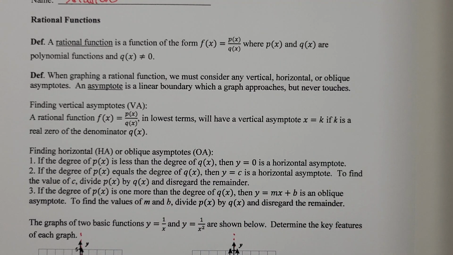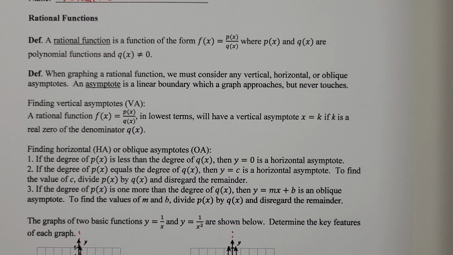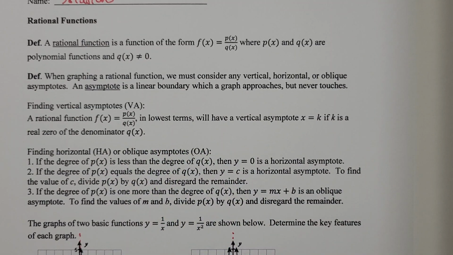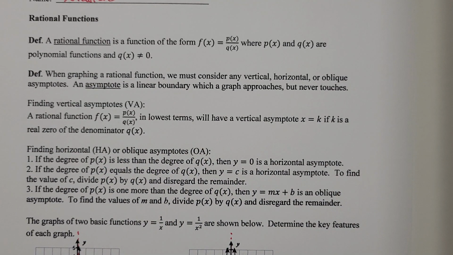mean oblique asymptotes. To find the vertical asymptote, it says the rational function f of x equals p of x divided by q of x, which has to be in lowest terms. Now that's key for this section, okay? One of the problems is you're going to have to make sure that you've simplified before you identify the vertical asymptotes.